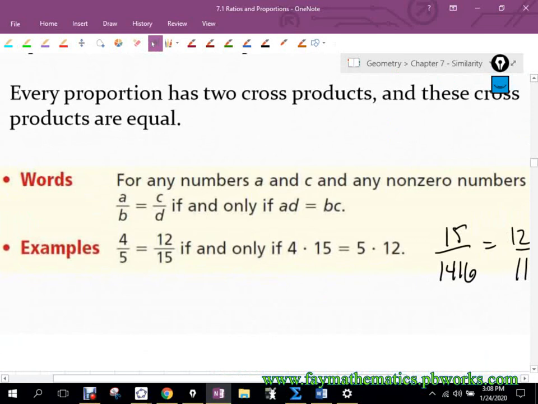They say if you have A over B equals C over D, and at the beginning they tell you that A and C can be any number they want to be, B and D can be any number they want to be, but the B and D cannot be 0. You cannot divide by 0, right? But what they're saying, if that is a proportion, then A times D will equal the same thing as B times C. Okay? That's the phrase that you've heard in the past, that cross products are equal. Have you heard that phrase before? Cross products are equal?